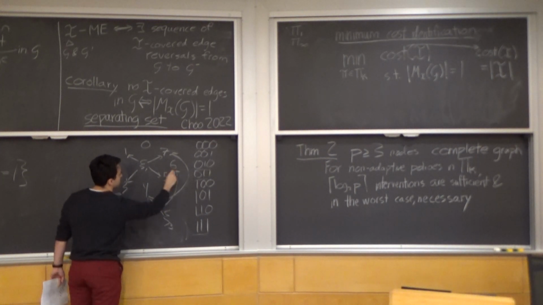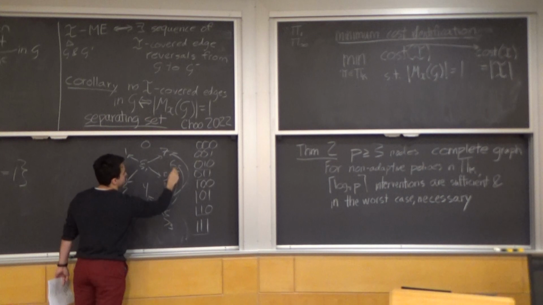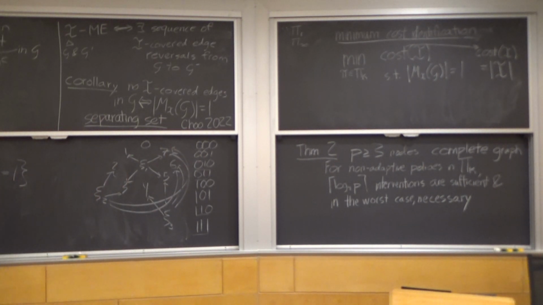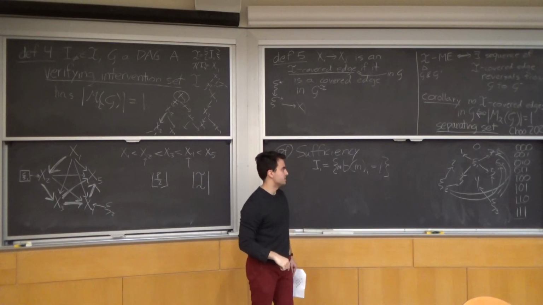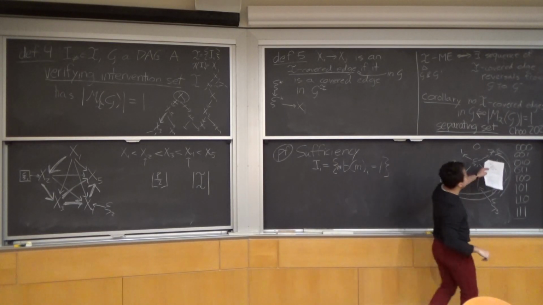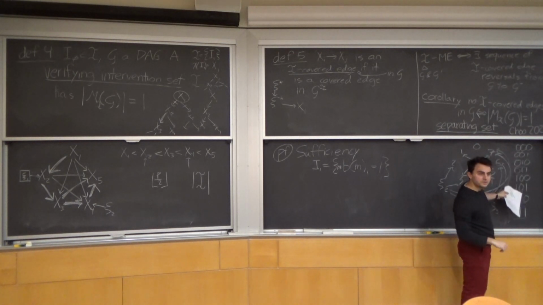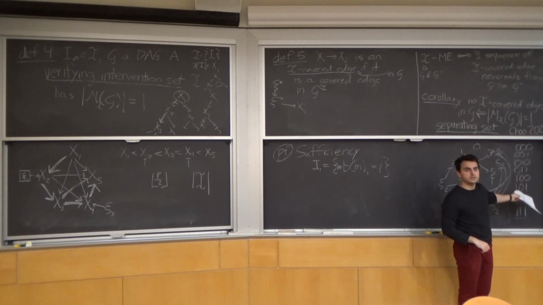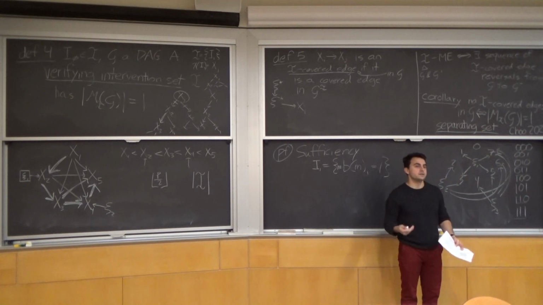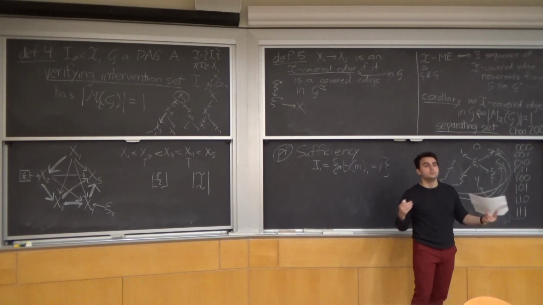And then the reason that this is going to form a separating set for the covered edges is because every integer will differ in at least one position in the binary representation. And that will be exactly the intervention which includes one but not the other.